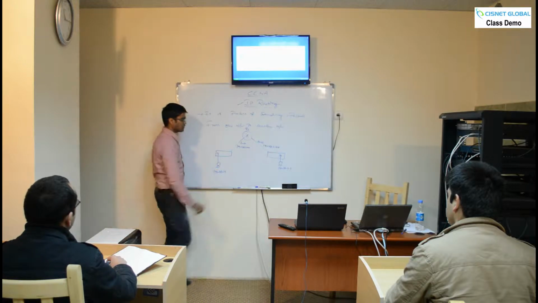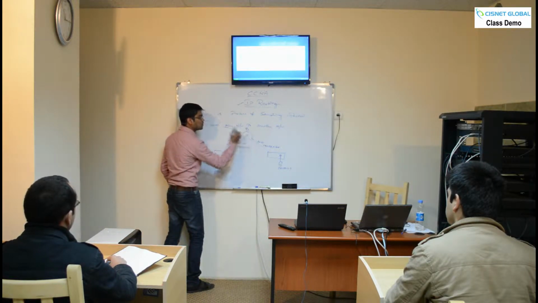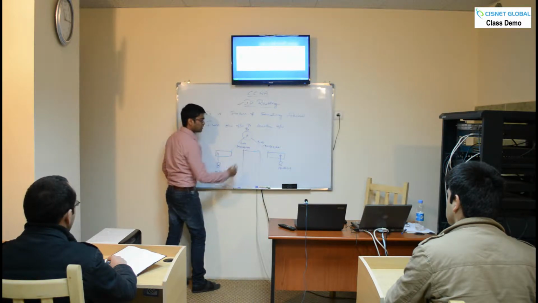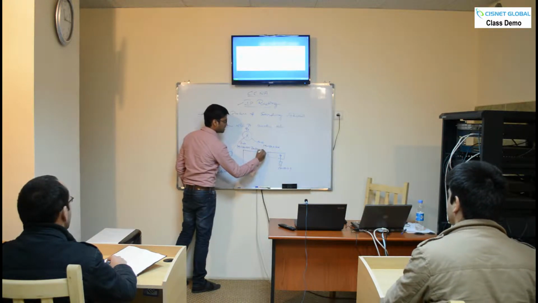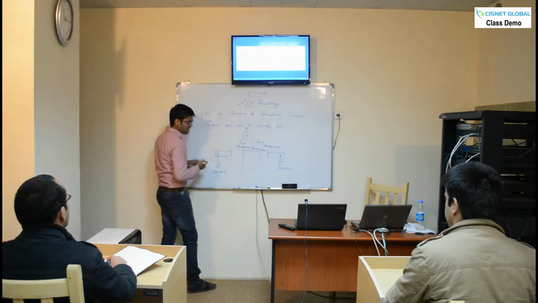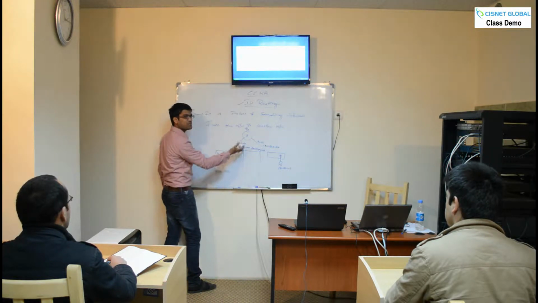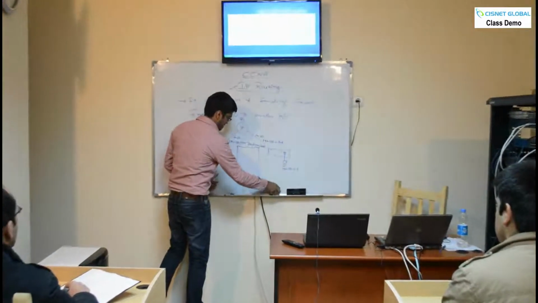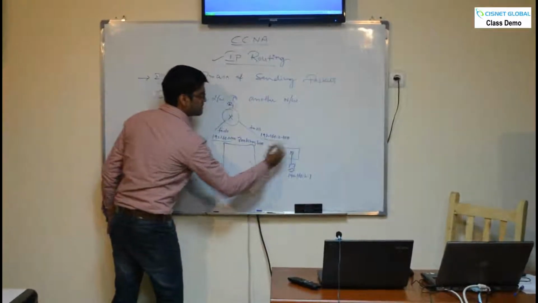Now let's talk about the routing process, how the router does routing. The router maintains something called a routing table, which keeps the network information the router knows. Understand? For example, I have here one network and this is another network.